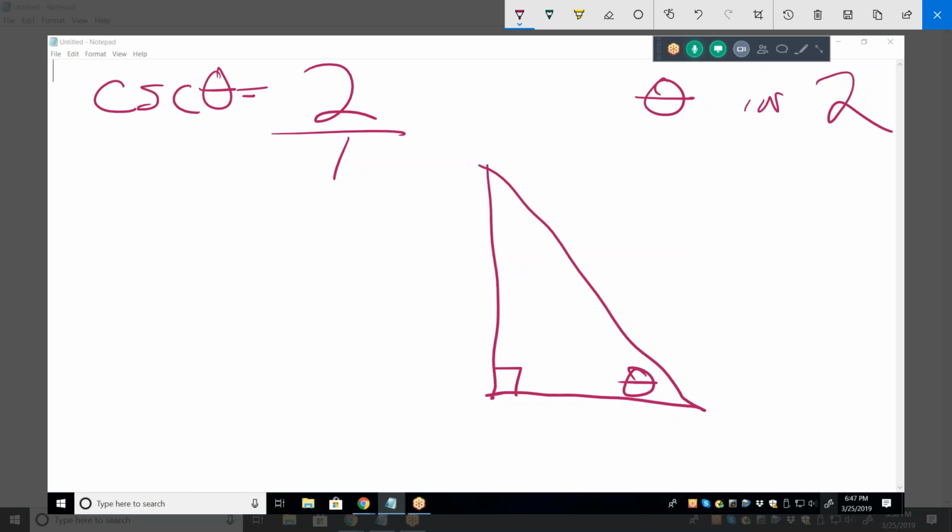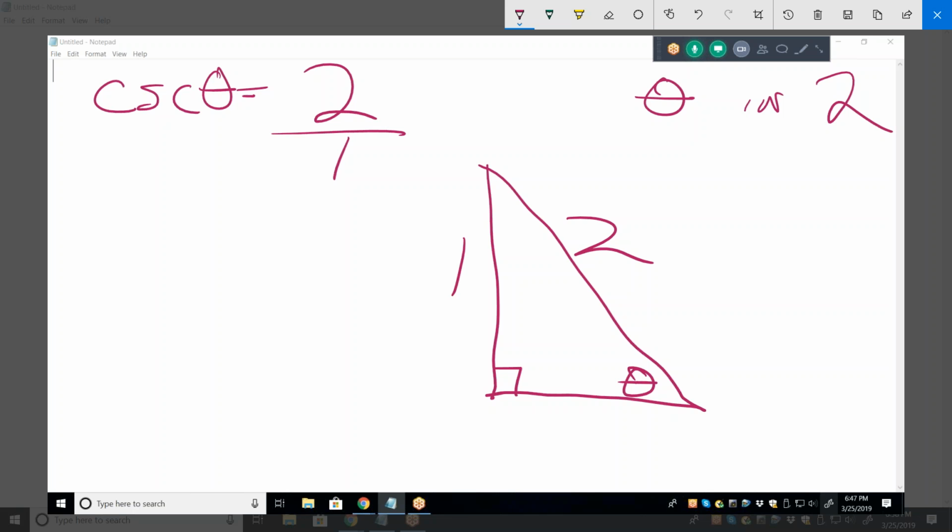Now you can put two dimensions on that triangle. Where do they go? So the 2 goes on the hypotenuse, and then the 1 goes on the bottom. No, cosecant is reciprocal of sine. So the sine of theta would be 1/2. That means the cosecant of theta is 2 over 1.